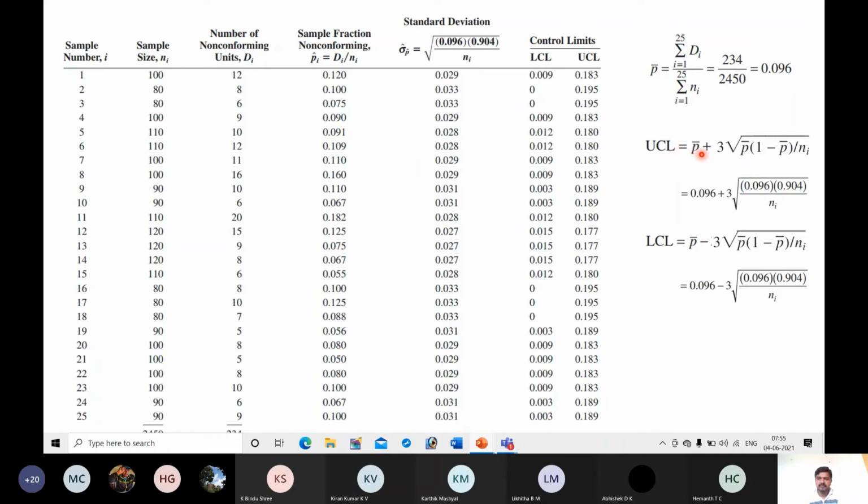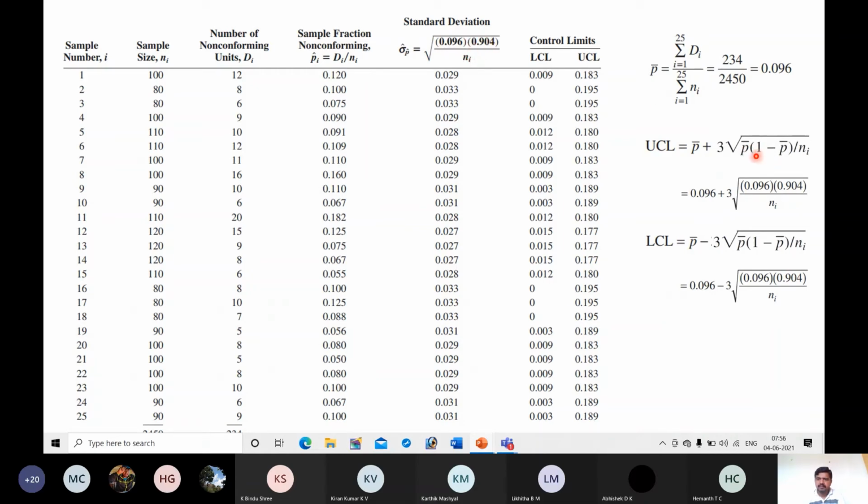After getting p bar, this is the equation for the control limits. For the upper control limit: p bar plus 3 root of p bar into 1 minus p bar by Ni. That is nothing but the standard deviation. It is different for each sample number, so you can find it here, the standard deviation, root of p bar into 1 minus p bar by Ni.